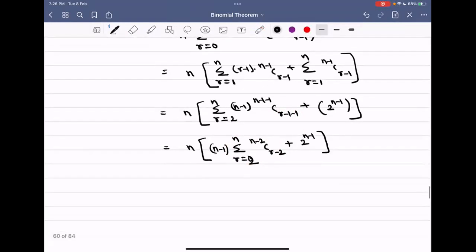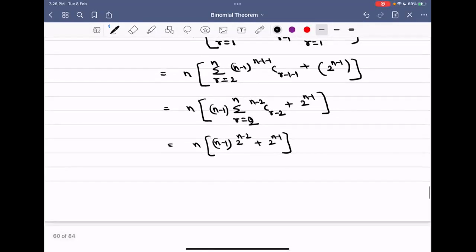So this is equal to n into n minus 1 into 2 power n minus 2 plus 2 power n minus 1. Now from these two terms, take 2 power n minus 2 common.